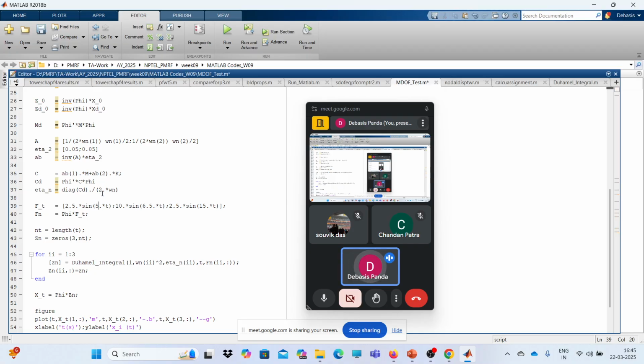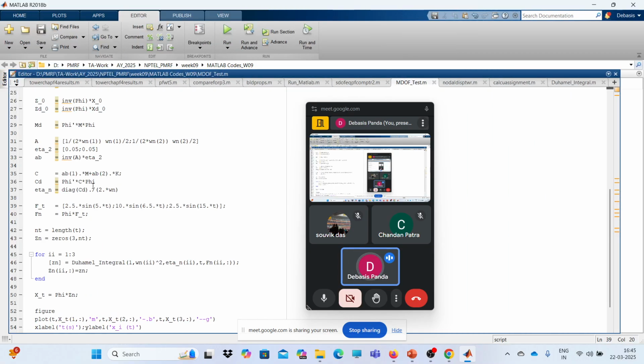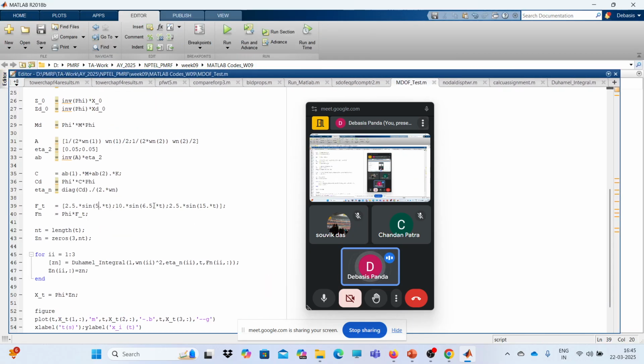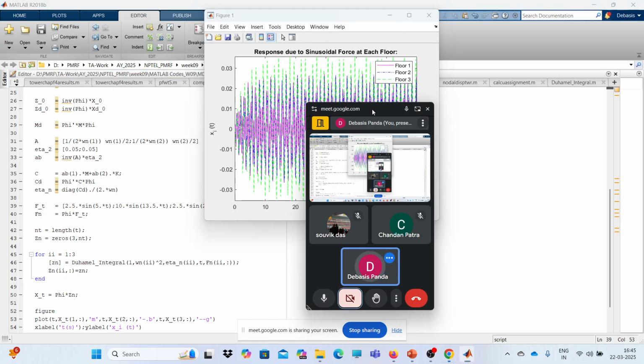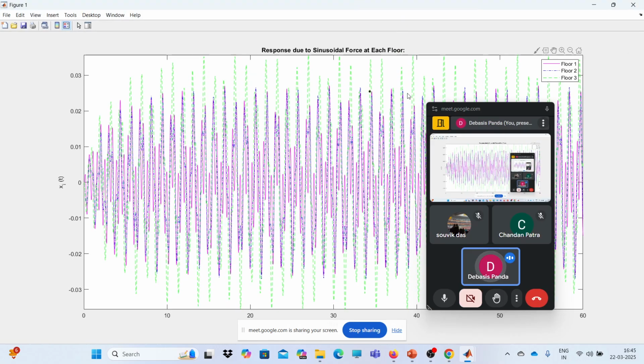Say 5 or so, 13.5 and 21. Now let's see. Yeah, resonance will occur. The responses become unbounded and continuously increase, right?